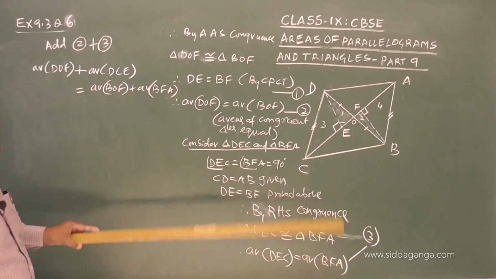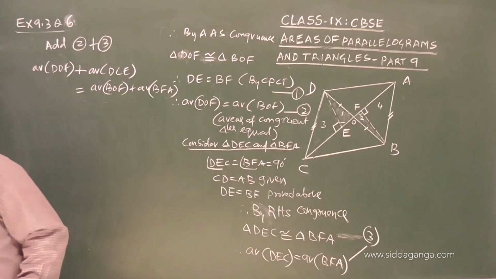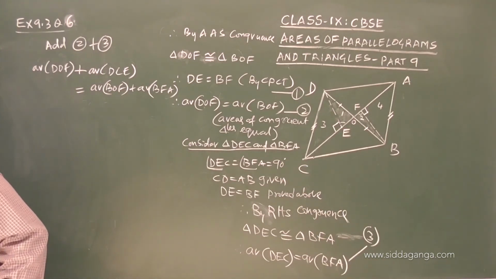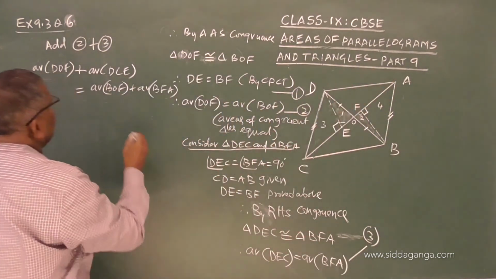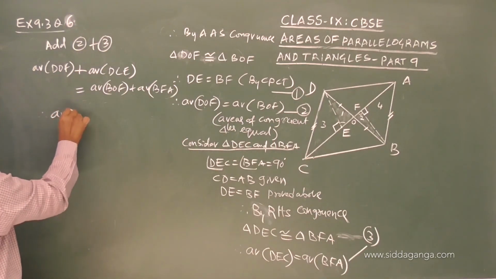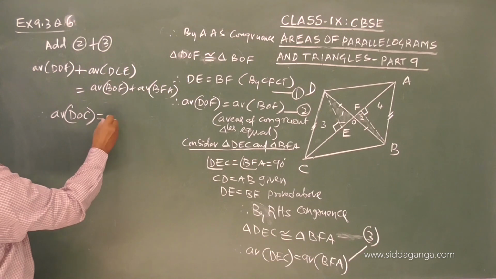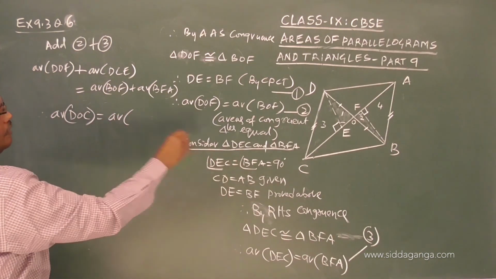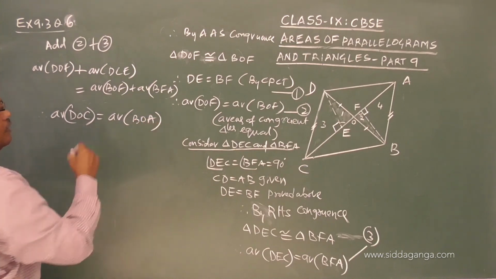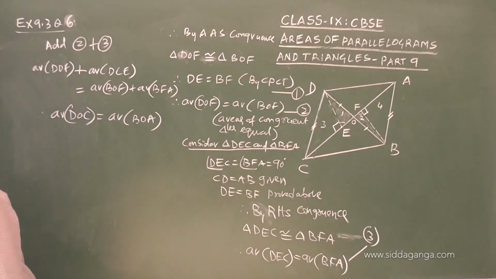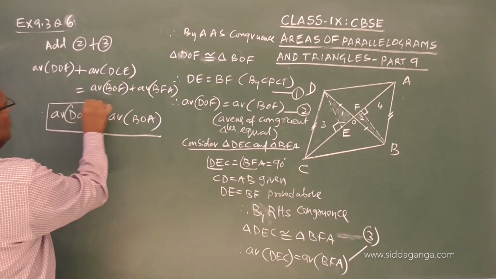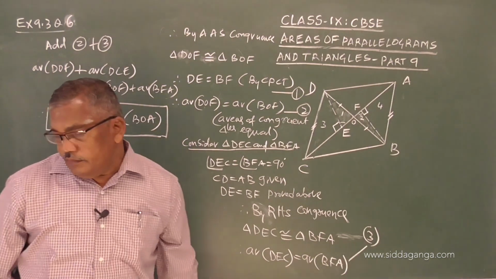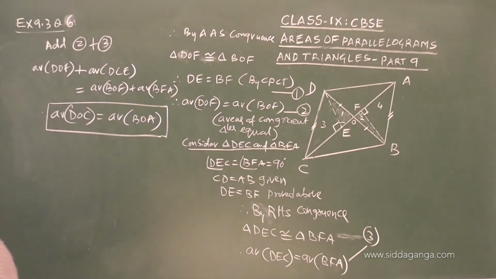So as I have told, on the left hand side, if you add, you will get area DOC, which will be equal to area BOA. So therefore area DOC will be equal to area BOA. This is what we were asked in the first sub question. We have completed the first sub question.